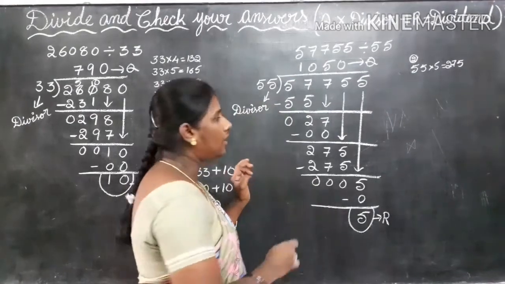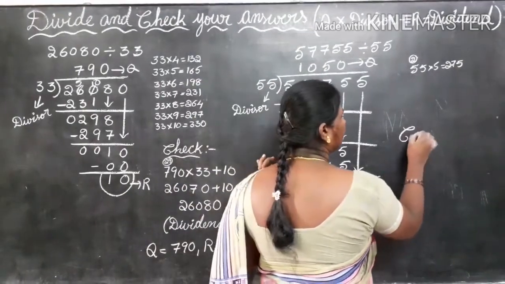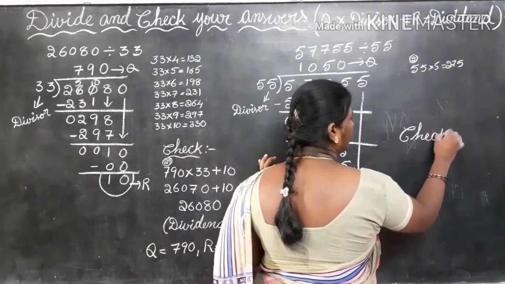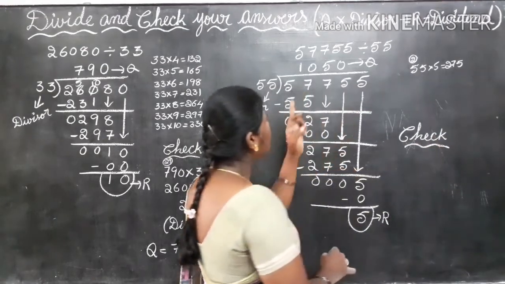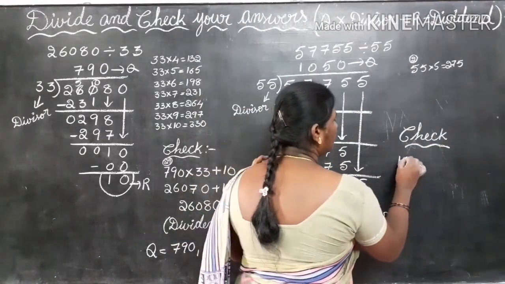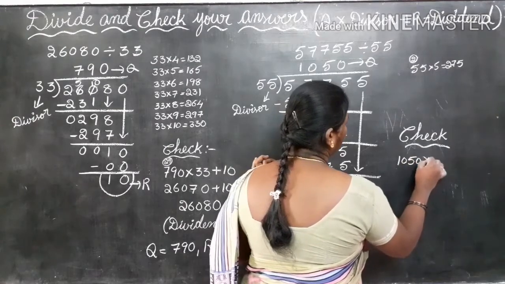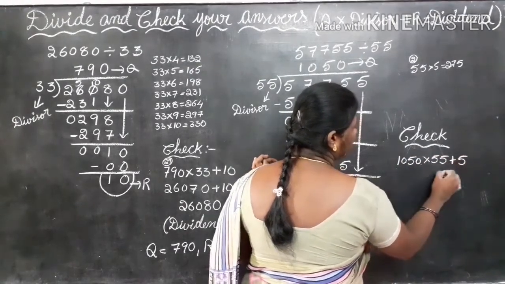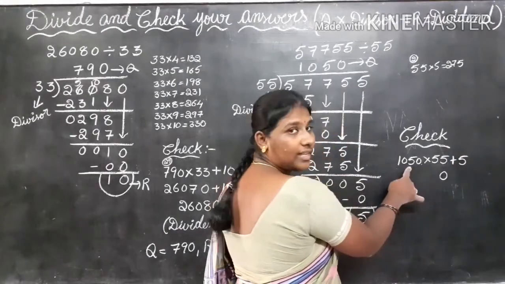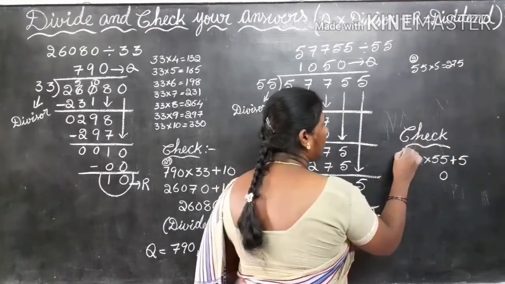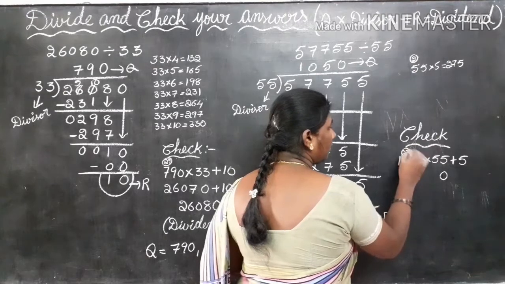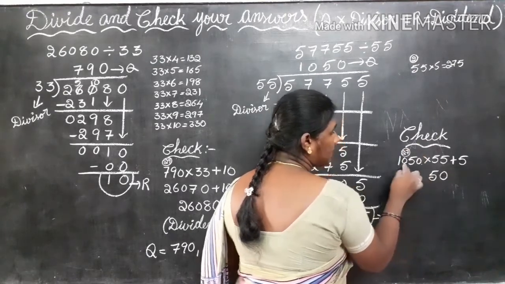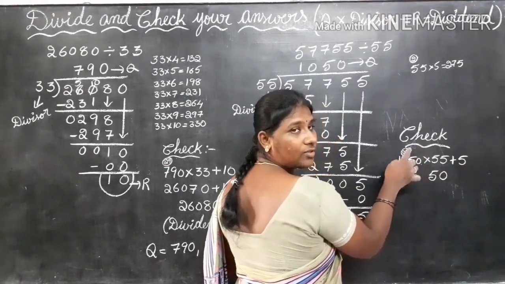Now we have to do the check for this. Quotient into divisor: 1050 into 55 plus remainder 5. 55 0 0. 55 5s are 275. So here 27, here 5. 55 0 0. 0 plus 27, 27.